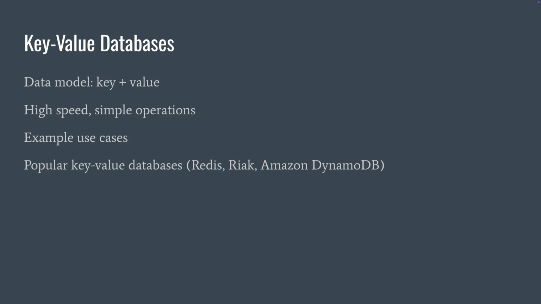Riak is another distributed key value system known for high availability. So key value stores are straightforward but extremely powerful when used appropriately, since they often serve as a backbone of caching layers, real-time analytics, and ephemeral data storage.